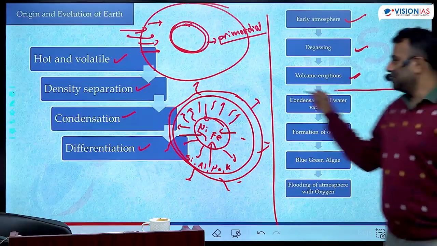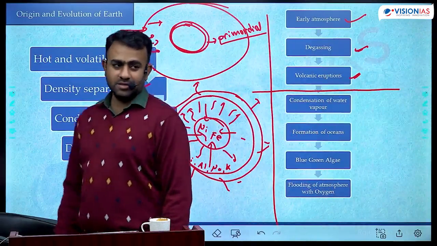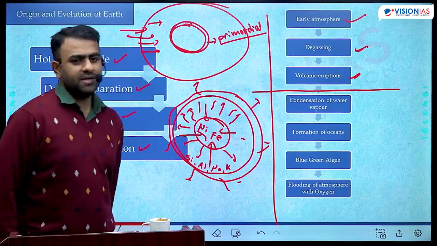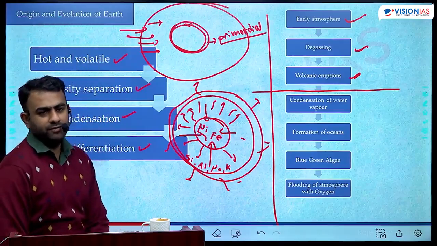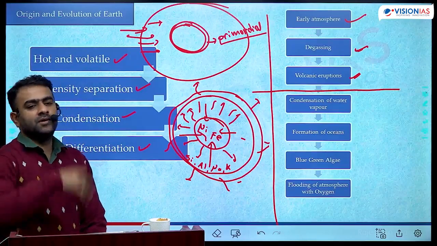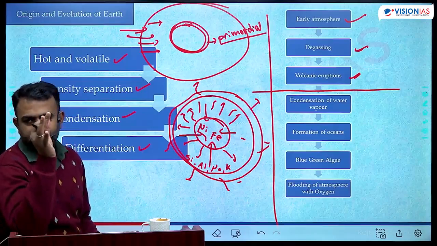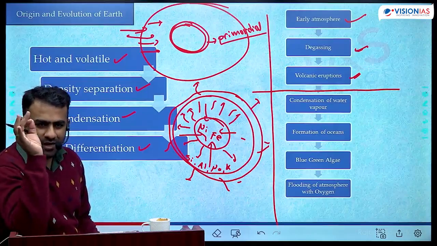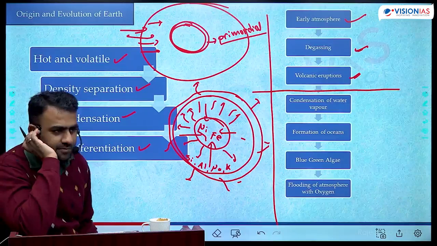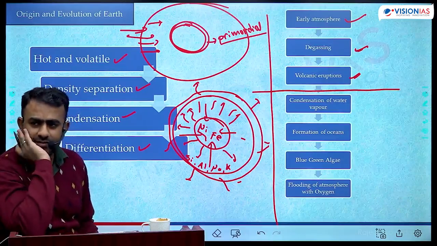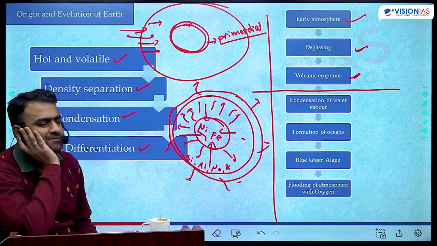The gases in the atmosphere were mainly dominated by carbon dioxide and water vapor, also methane and ammonia, very little oxygen, and a huge amount of dust particles. Volcanic eruption से इतना सारा तो निकलता है ना, dust particles, smoke particles, everything.